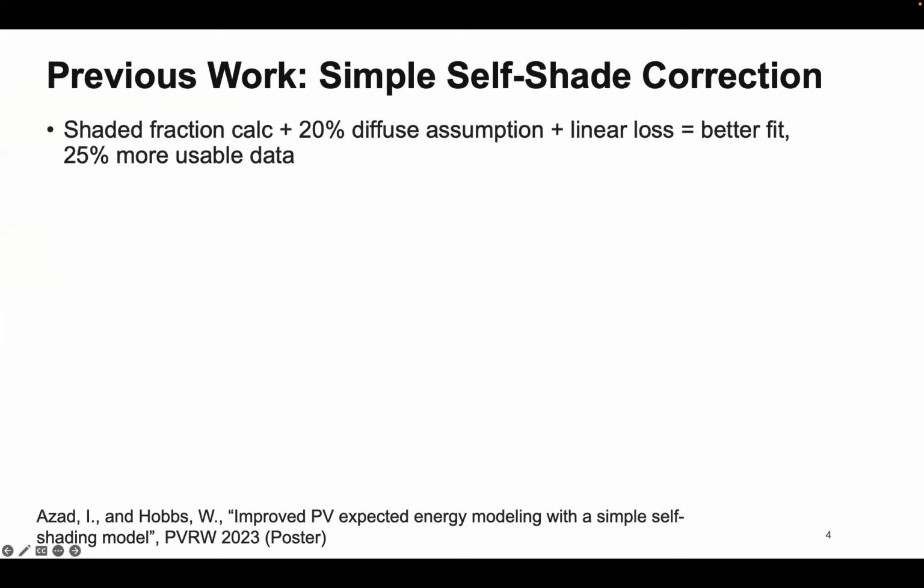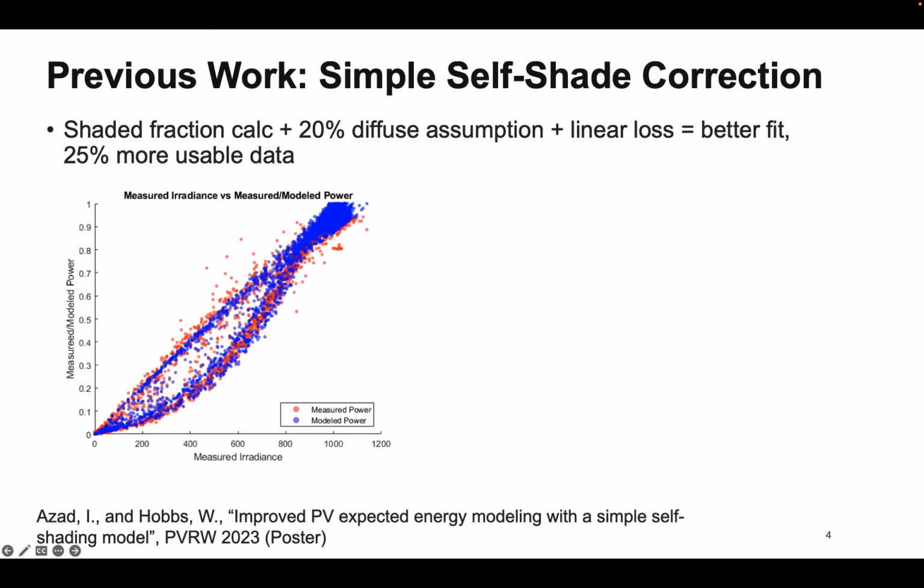There we go. All right, so if we take this shaded fraction calculation, we use a really simple 20% diffuse irradiance assumption, and then apply a linear loss like you might apply for thin film modules. We end up with a better fit of modeled and expected energy, and we can also apply this for a larger period of time because there's about 25% of daylight intervals that would have self-shading.